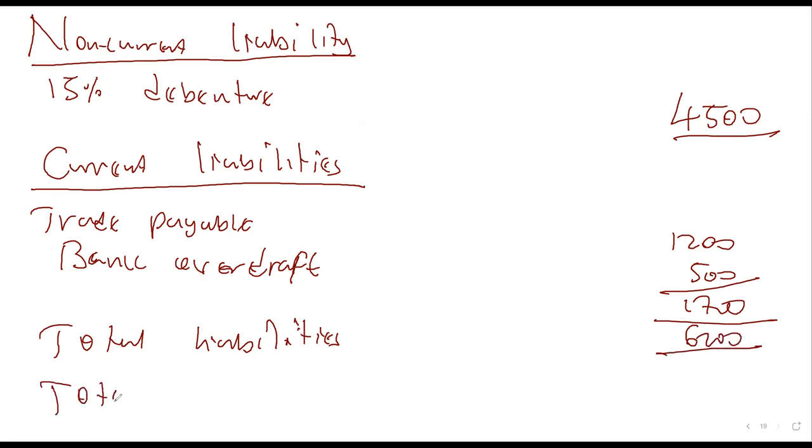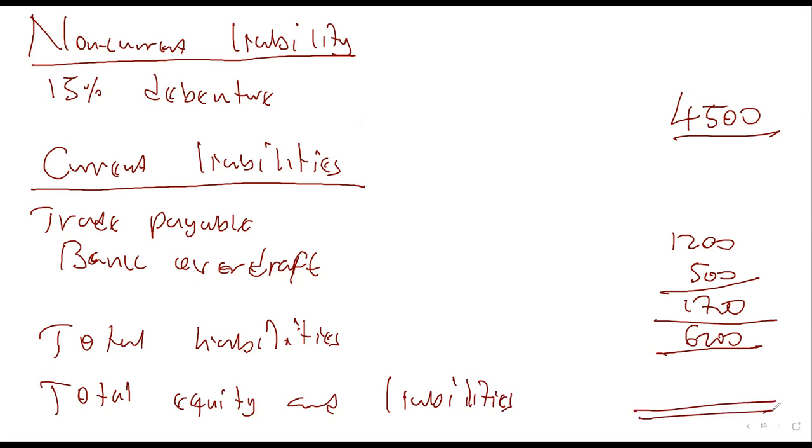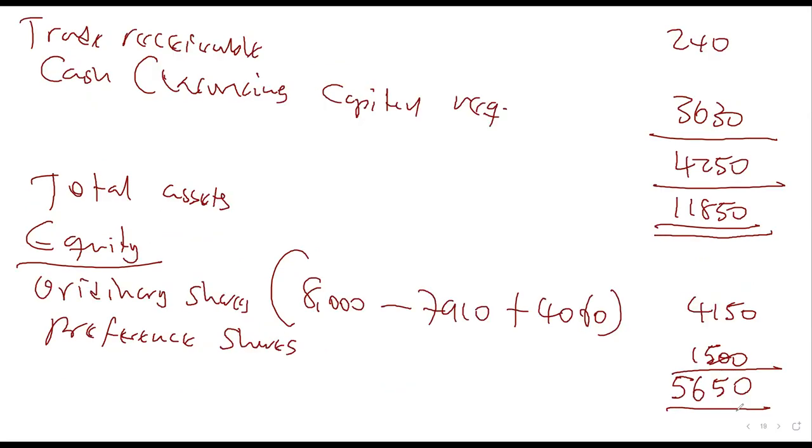Then total equity and liabilities. So equity is here. You add it to it. So answer plus 5,650: 11,850. We're done.